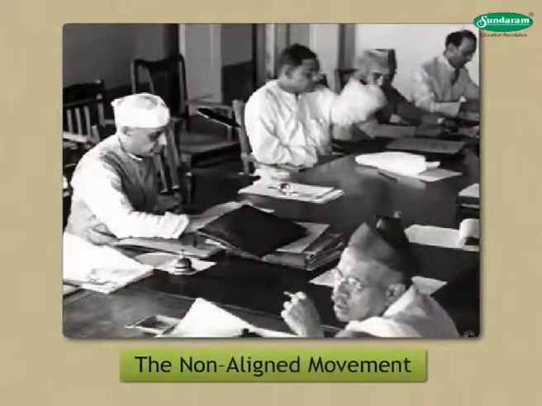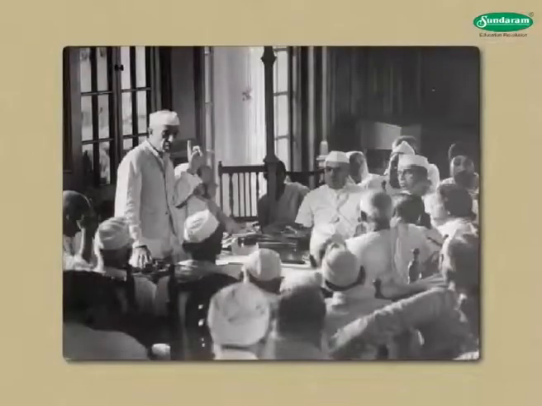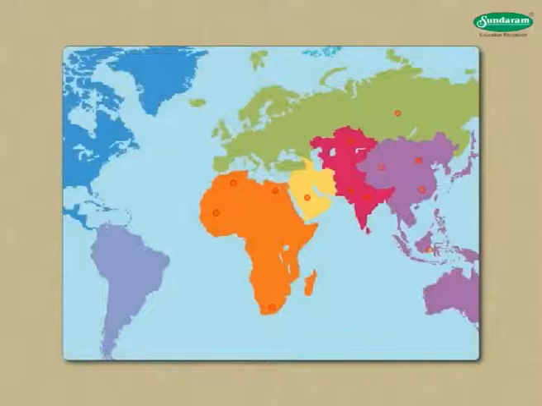Now let's look at the non-aligned movement. Do you know, students, that this non-aligned movement became so important that all newly emerging independent countries in the continents of Asia and Africa supported this idea?